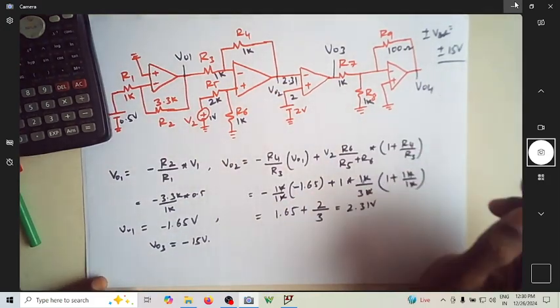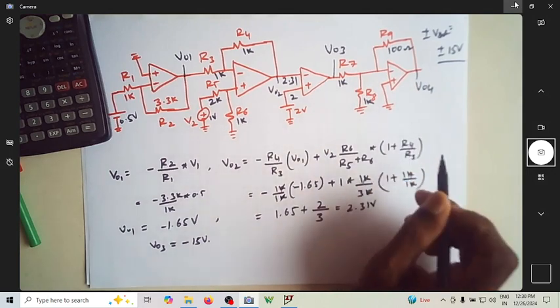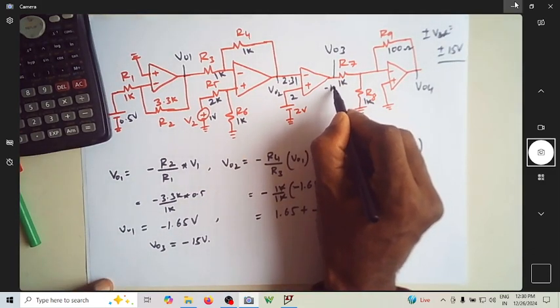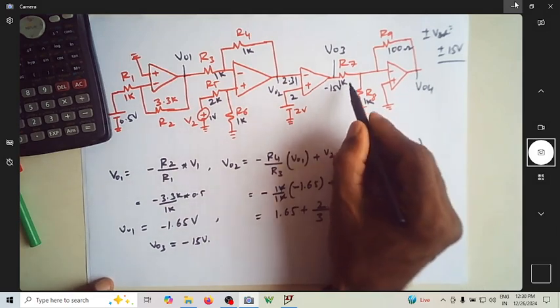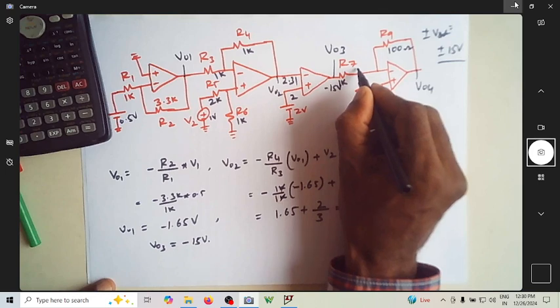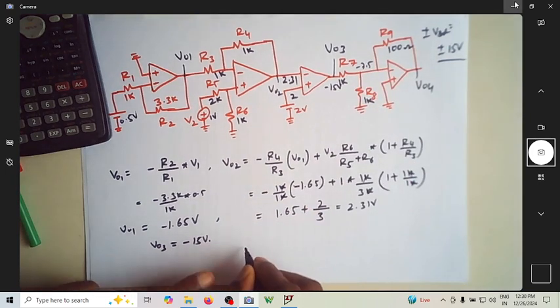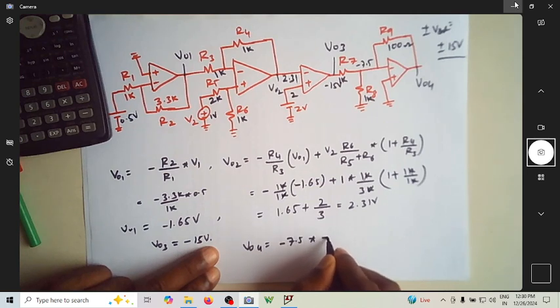Coming to the last one, V04, we are supposed to find what V04 is. Now here it is minus 15 volt. What we'll usually do is, you have a potential divider here, it will become minus 7.5, and then you write V04 is equal to minus 7.5 into minus 100 by 1000.